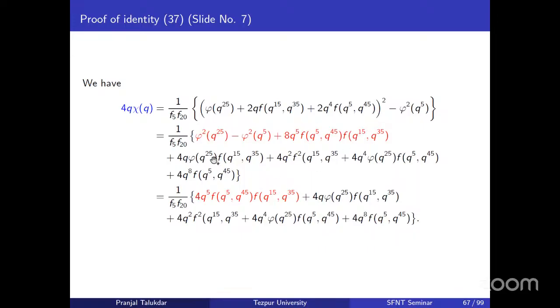Now let us concentrate on these three terms. This is phi square q to the power 20 minus q to the power 25 minus phi square q to the power 5, and this is 8 q to the power 5 q f of q5 q45 q15 35.